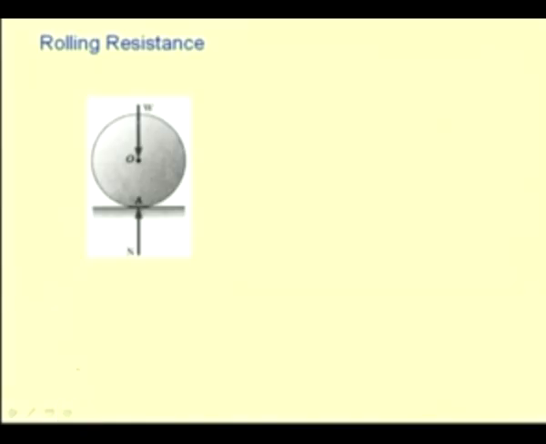That means we have a real material constituting the wheel and the ground. Then we see that when a wheel is rolled on the ground, after some time it comes to a rest. So, we can see why this happens, and this happens because of the presence of rolling resistance.